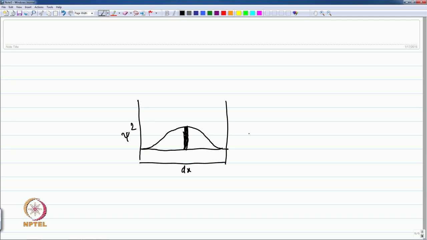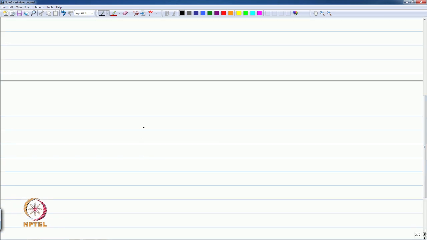And likewise, if you have a particle with a slightly different energy, this energy is E1 and that is h square by 8 m L square. If the particle has energy E2, now you see that the sine wave gives you for the same thing two components, a maximum at this point and again a maximum.